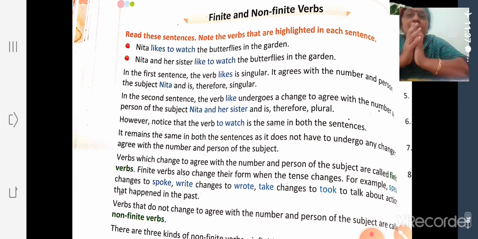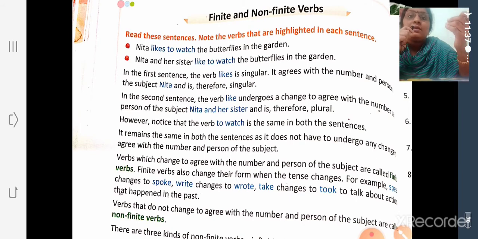Person means first person, second person, third person. I, we: first person. Second person means you. Third person: he, she, it.